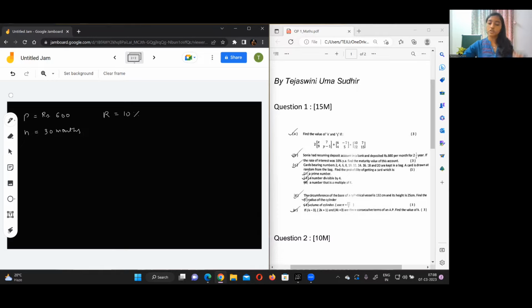They're asking us to find the maturity value. To find the maturity value, first you can find the interest. The formula for that would be interest is equal to P into n into n plus 1 into R by 2 into 12 into 100.